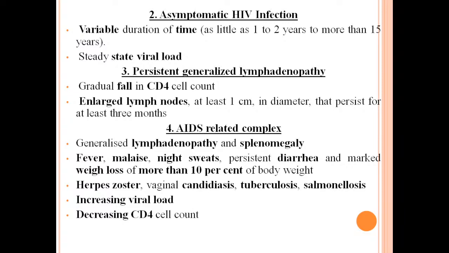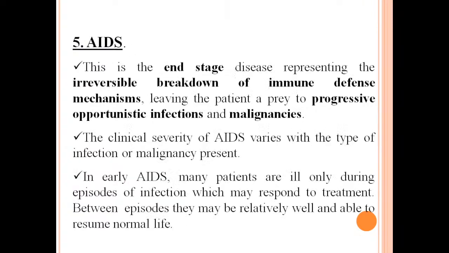Then herpes zoster, vaginal candidiasis, tuberculosis, and salmonellosis are the most frequent infections in such patients, because weak immune response causes reactivation of herpes virus or candidiasis and tuberculosis if it's present, increasing viral load and decreasing CD4 cell count in the blood. And the final stage of HIV infection is acquired immune deficiency syndrome.